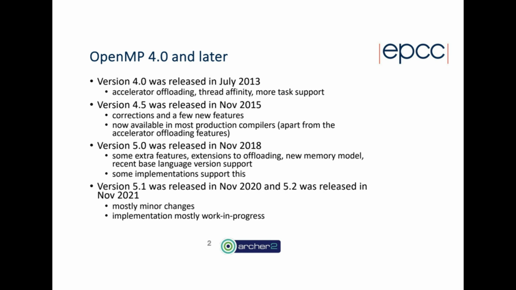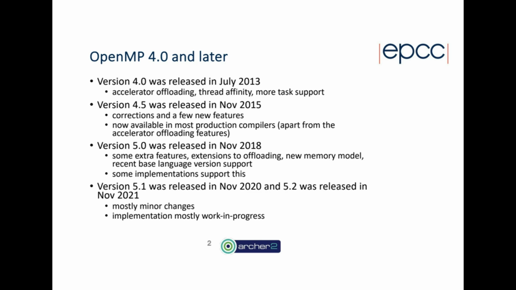Then we had version 5 in 2018. So some more features, some extensions to the offloading capability, a new version of the memory model, and also, probably more importantly, updated the versions of C, C++, and Fortran that are supported as base languages. And then 5.1 and 5.2, mostly fairly minor changes.